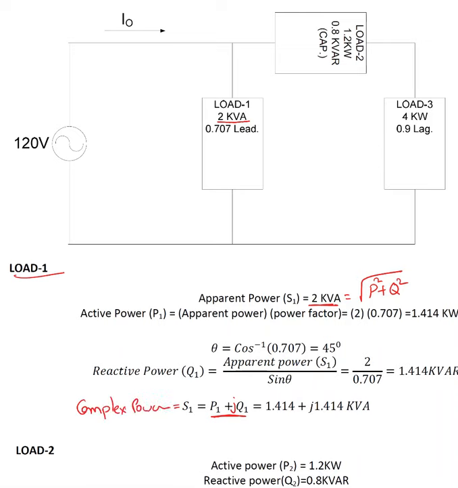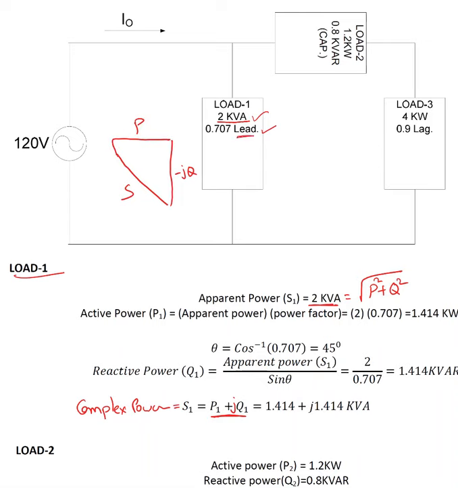Okay, now we know the S value and we know the cos theta value, 0.707. If I use the power triangle, it's a leading power factor. Leading means it's a capacitive load. So this is the S value, this is negative jQ, this is the P value.